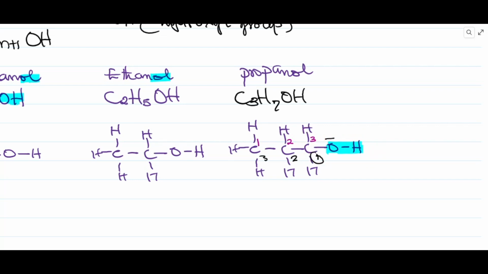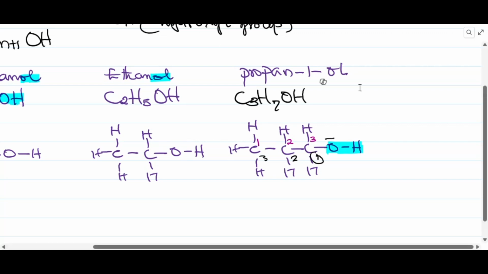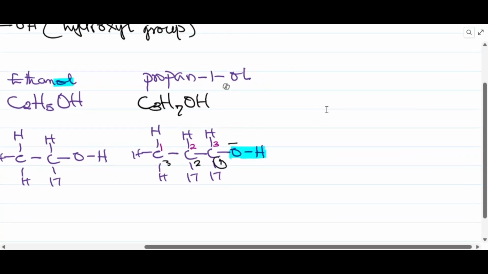Number 1 is smaller than 3, so we take 1. This compound has to be propan for 3 carbon atoms, 1-ol, that is our -ol, the OH is attached to carbon number 1. So let's take one more family member.